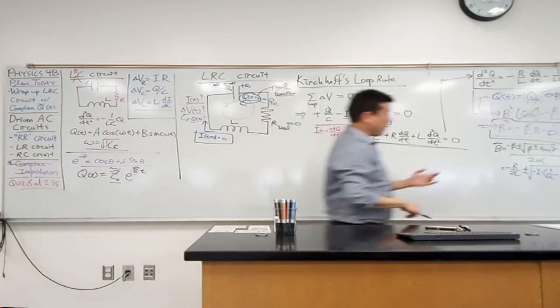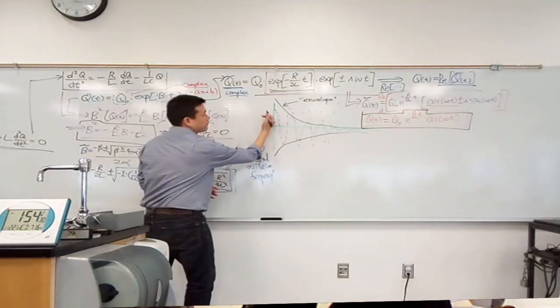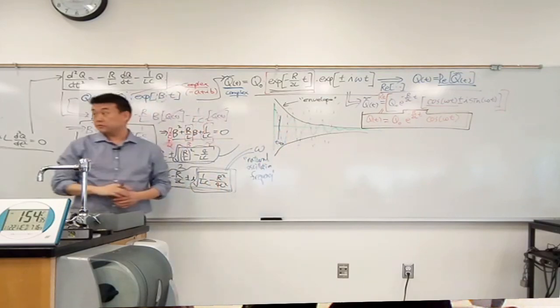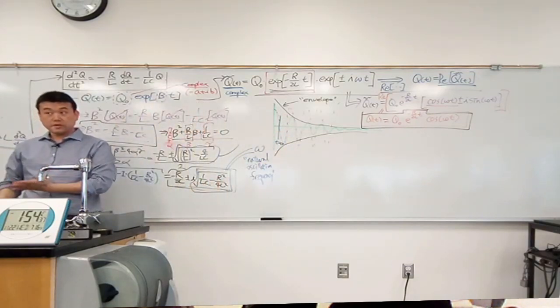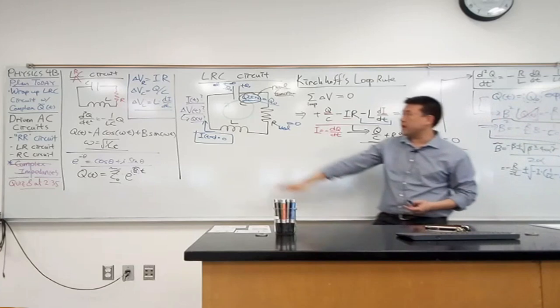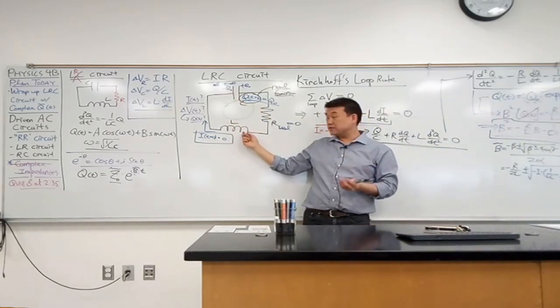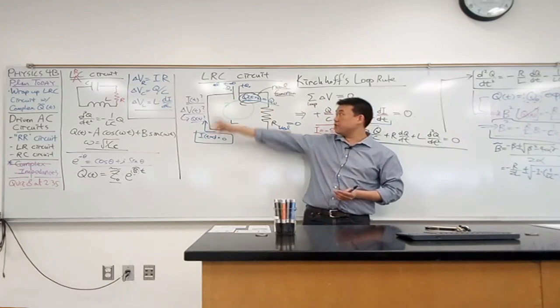That's how I started out this setup, right? And what I want you to imagine is shifting the time a little bit so that this is your time equals 0. So at your time equals 0, the initial condition is not that all the energy is in the capacitor and no energy in the inductor, but all the energy is in the inductor and no energy in the capacitor.